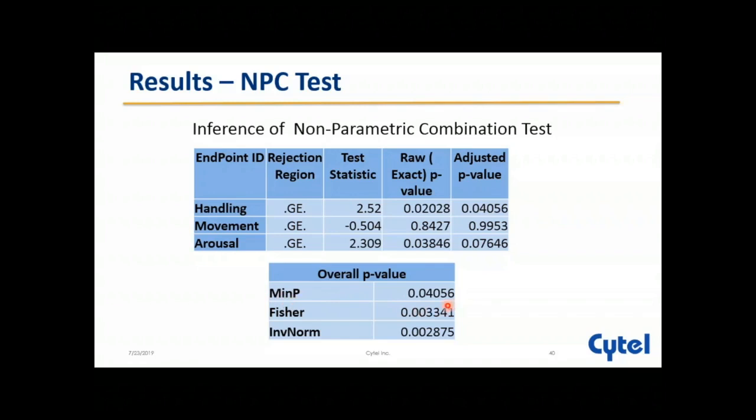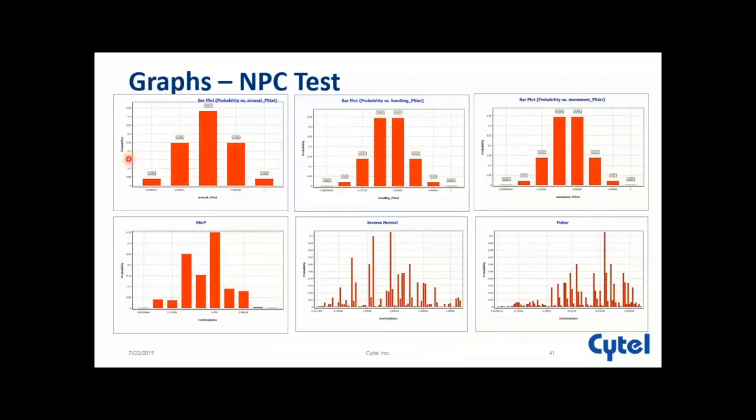You can see min p is significant but quite high, 0.04, while Fisher and inverse normal are really small, 0.003 or 0.002. We'll see the graphical representation that will give us a better idea of how these non-parametric combinations work.